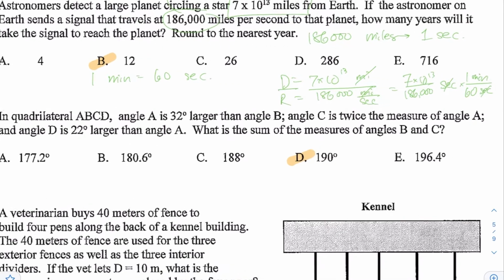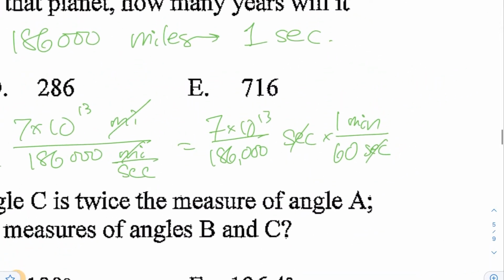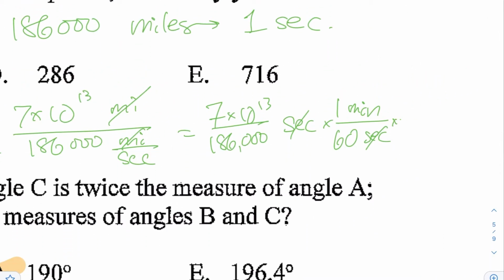And you have to keep doing that until you get years. Then 60 minutes is 1 hour, to cross out the minutes. Then you have 24 hours, that's 1 day. And in 1 year, you have 365 days. So days will cancel out.